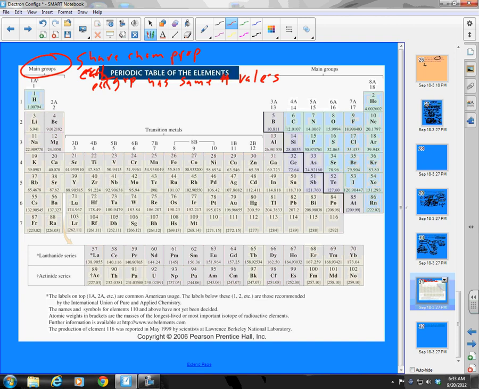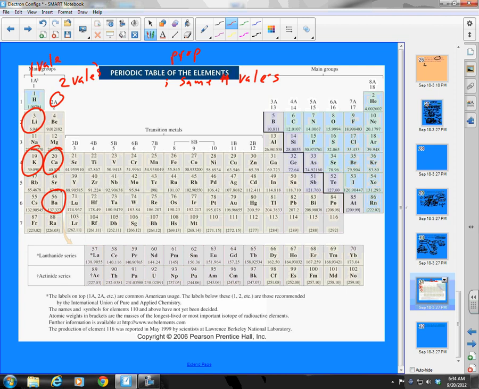And what do we mean by that? How can we figure this out? Well, it's very simple. All group 1, here's group 1, have 1 valence electron. All group 2 have 2 valence electrons. Got it? So that means calcium has 2 valence electrons and barium has 2 valence electrons. Lithium has 1 valence, potassium has 1. So everything in group 1 has 1, everything in group 2 has 2.